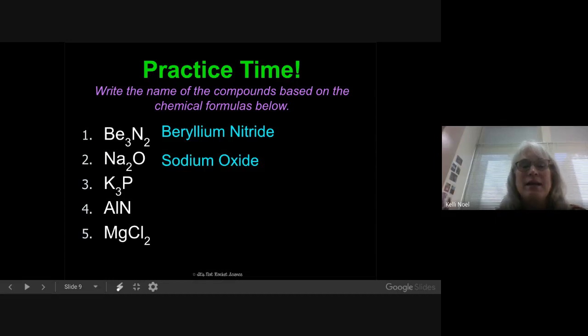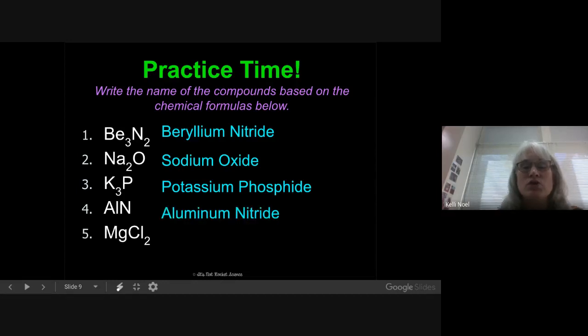Potassium is K, phosphorus becomes phosphide, potassium phosphide. This is aluminum, Al, N for nitrogen, so aluminum nitride. Remember, nitrogen becomes nitride. And then magnesium and chlorine becomes magnesium chloride.